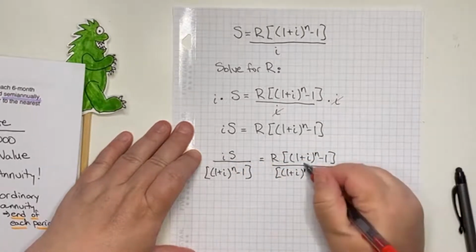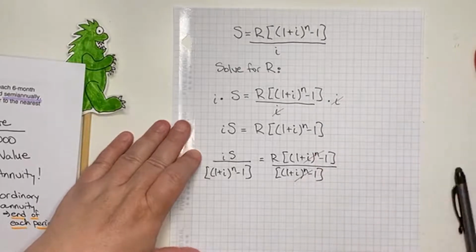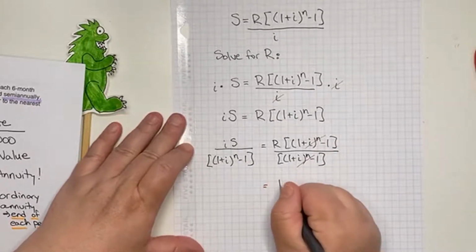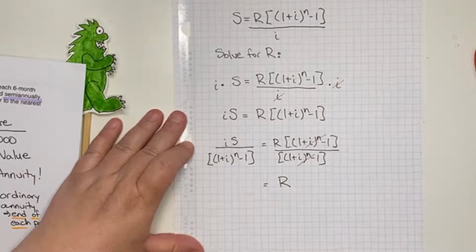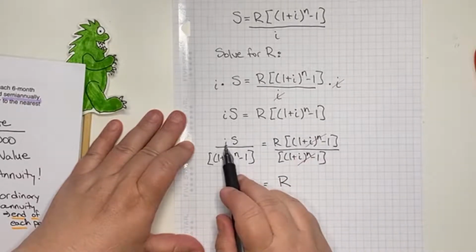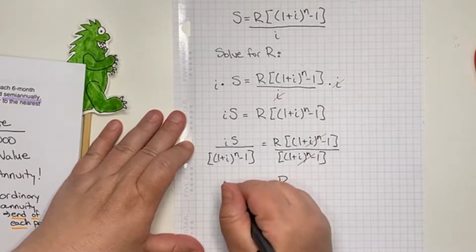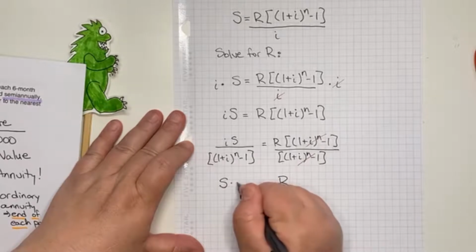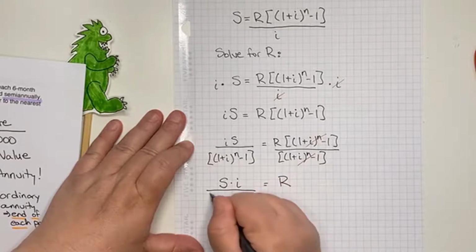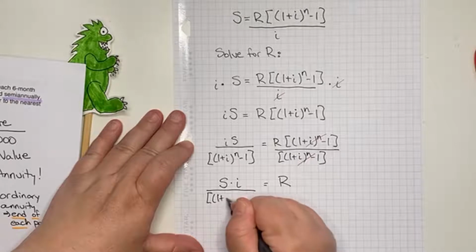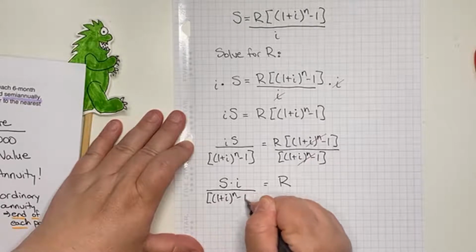And then I'm going to cancel this and cancel this. And I end up with R on the right side now. And I'm going to change the order of these two because it looks a little funny to me. I'm going to write S times I all over 1 plus I to the n minus 1.